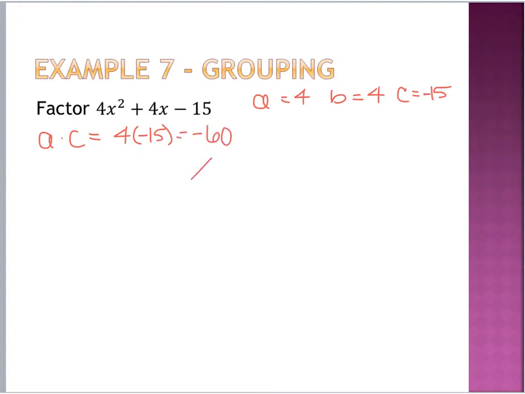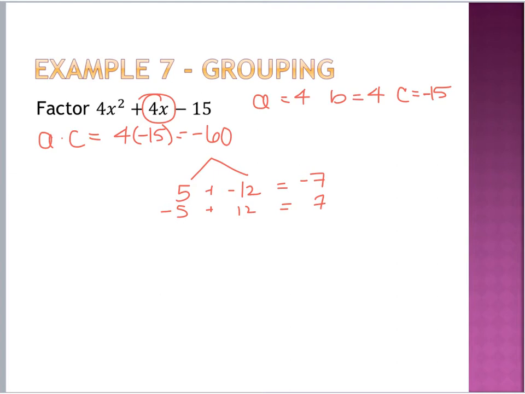So now I'm looking at factors of negative 60 that will add up to a positive 4. You can try 5 and negative 12, but if I add these, I get a negative 7. We can try negative 5 and a positive 12. I add those and I get a positive 7, so that doesn't gain me anything.